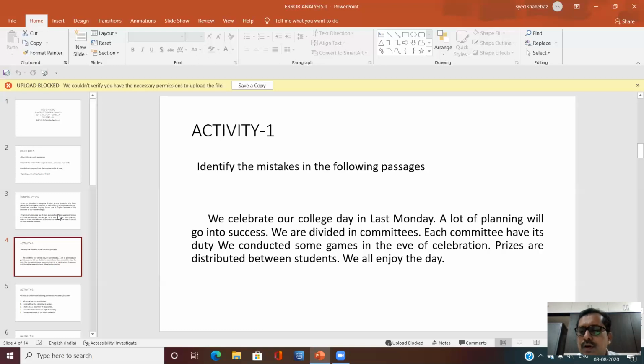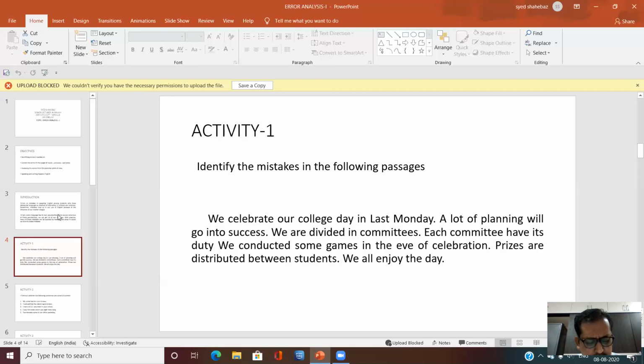We all enjoyed ourselves that day. So I read the passage. We celebrated our college day last Monday. A lot of planning went into its success. We were divided into committees.